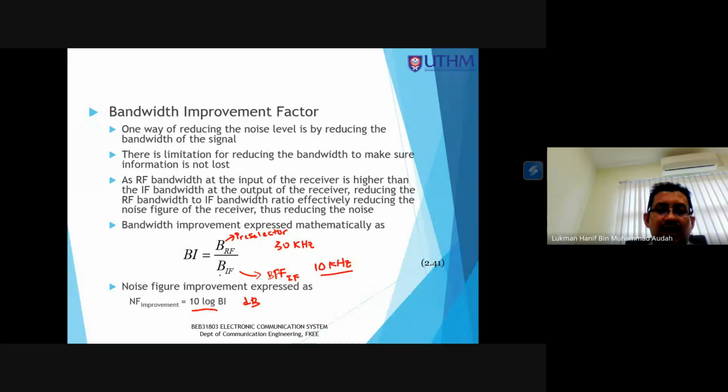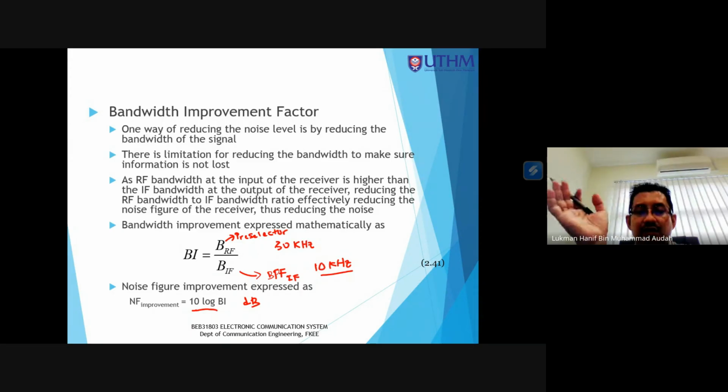IF here is when we have already cut off the frequencies at the IF section, in the previous example 10 kilohertz, and from the pre-selector, previously in the example, we got 30 kilohertz. So if you divide and then take the logarithmic value, you can get the noise figure improvement in terms of decibel.